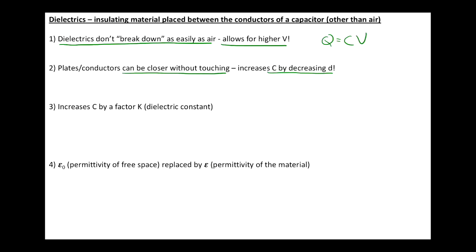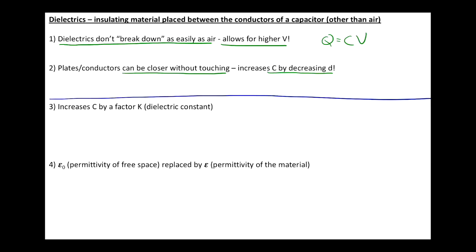Dielectric is simply a fancy word for when we take something other than air that's insulating and put it in between the plates of a capacitor, okay? These top 2 points that I mentioned are sort of the physical reasons, at least the start of the physical reasons why it makes the capacitor better. It allows me to increase the potential difference, and we know that Q is equal to CV, so I'll get more charge on the plates by increasing the potential difference.